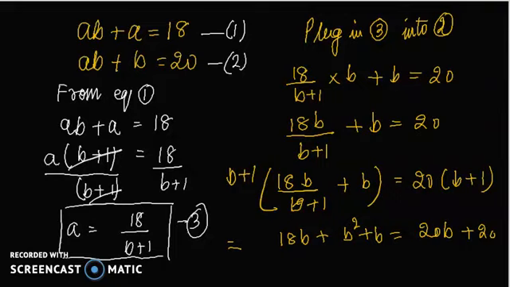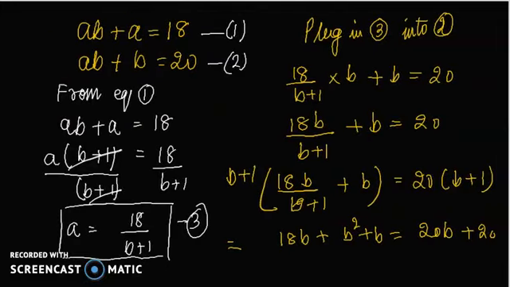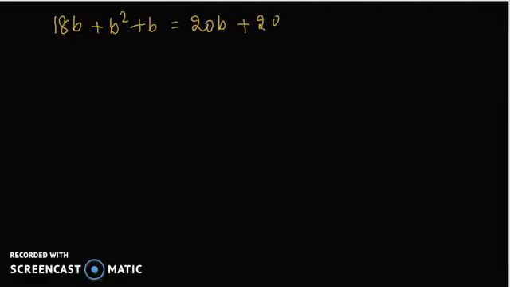Now we will move to the next step. So we got 18b plus b square plus b is equal to 20b plus 20 in our previous step, as you can see over here. Now on further simplification, we can write here b square plus 18b plus b is 19b is equal to 20b plus 20.